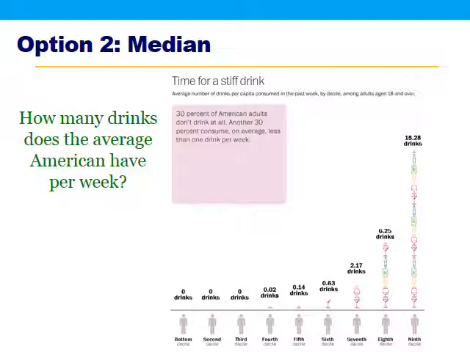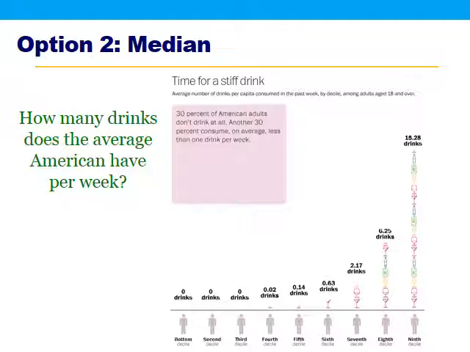But maybe not unreasonable if you're the sort of person who frequents happy hours or whatever it might be. Now, what I'm going to show you next is the 10th decile, or the top decile. In other words, these are going to be data from the 10% of Americans who drink the most.